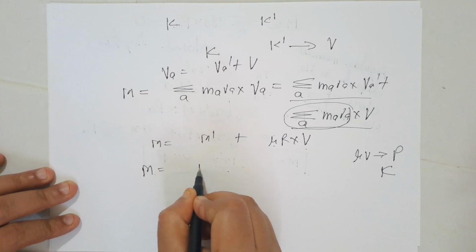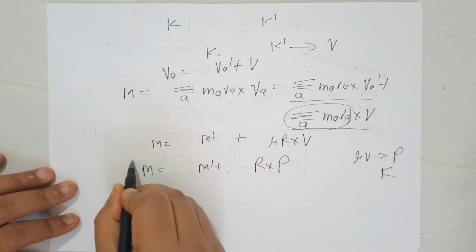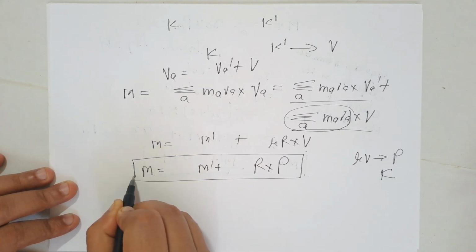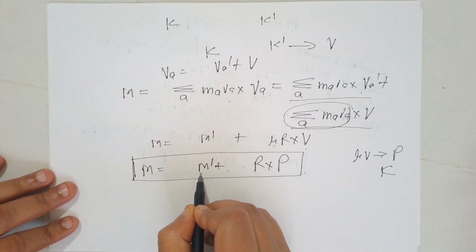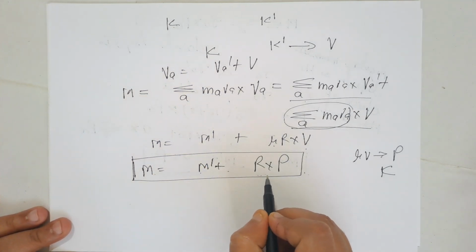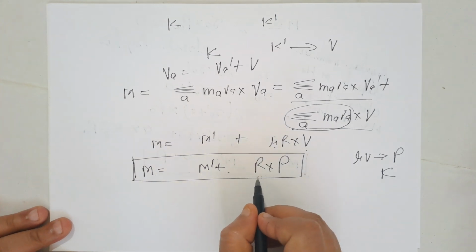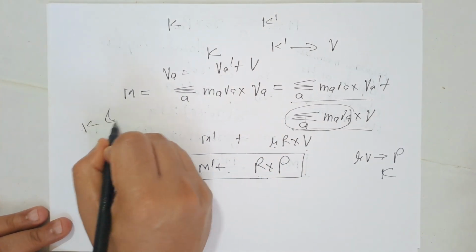So M will become M dash plus R cross P. So the angular momentum in the inertial frame is equal to M dash, the angular momentum in the relative frame, plus R cross P, the angular momentum due to the motion. This is the relationship between angular momentum in the K and K dash reference frames.